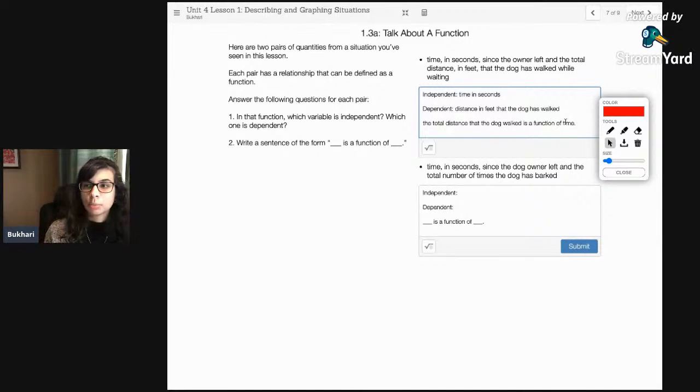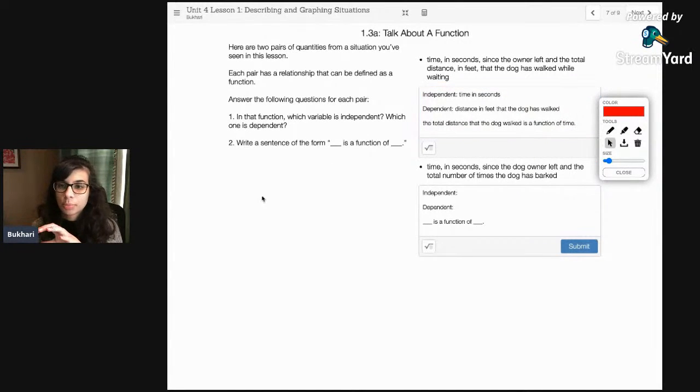Where he is, his distance from the post, depends on where he physically is. At 60 seconds, we know that he is blank distance away. At 5 seconds, we know he is blank distance away. So I want you to think about that scenario and the relationship between what time represents and distance, and the second case, the time since the dog owner left versus the time the dog barked. And I want you to think about those scenarios as well.